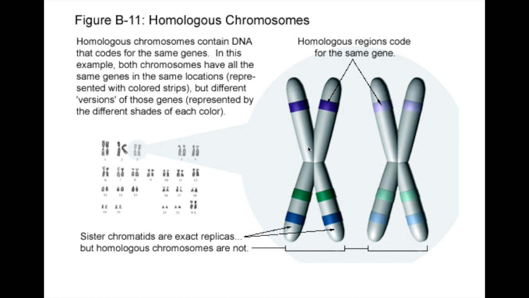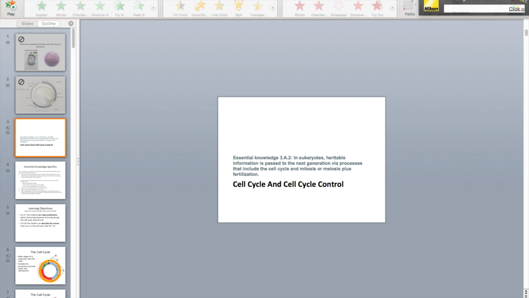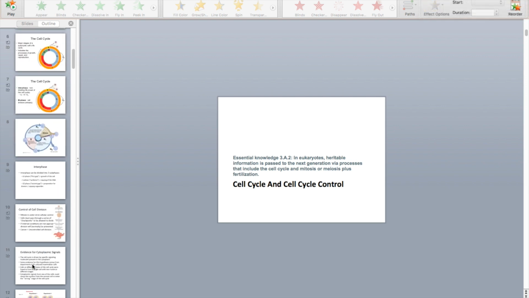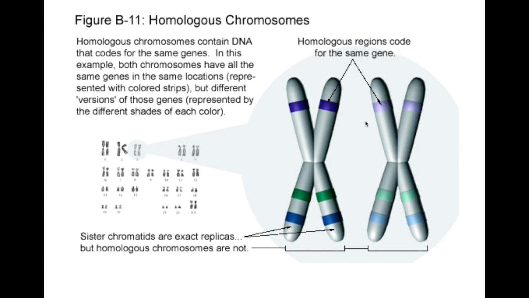They just copied themselves in S phase to make identical copies to do mitosis. However, this chromosome may have come from my mother, and this chromosome may have come from my father. And it's very possible that they are going to have different alleles. So this one could be curly hair, and then this could be straight hair. So same kind of gene, it's a hair gene, but it's a different version.